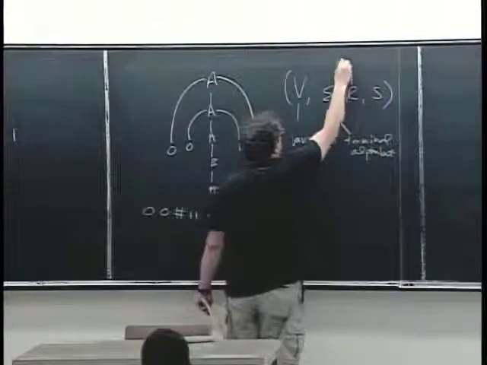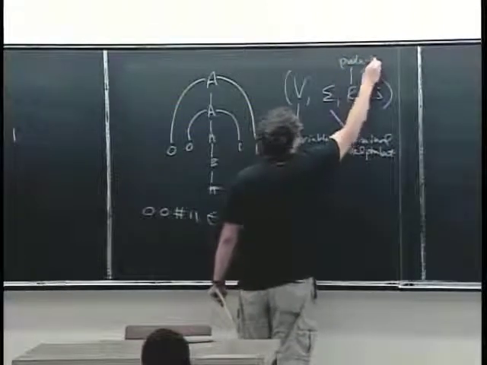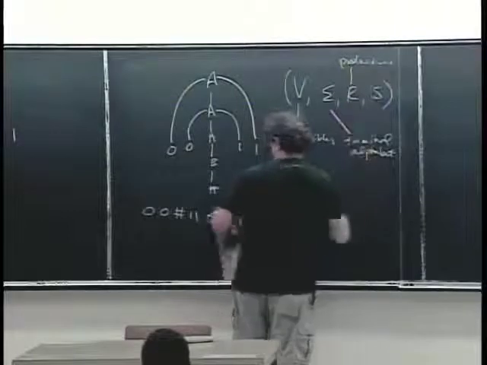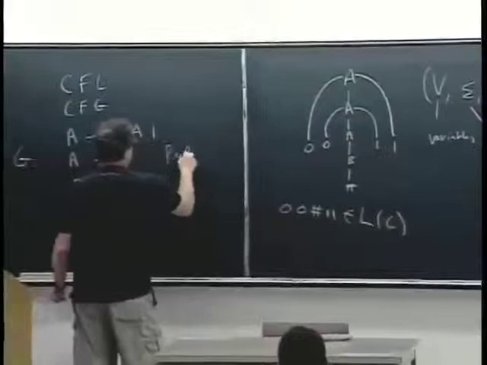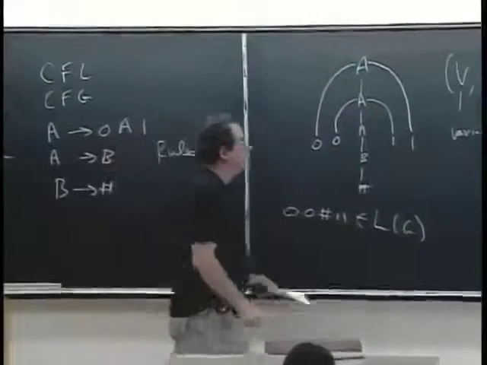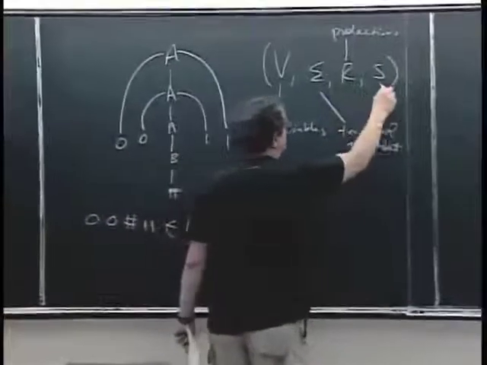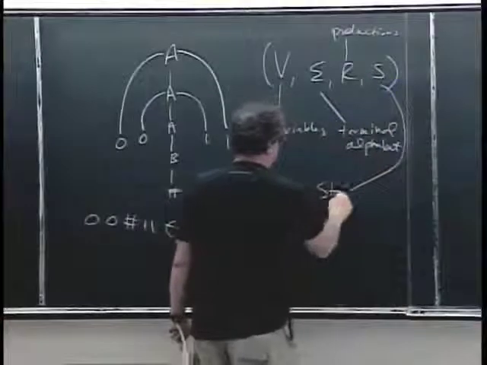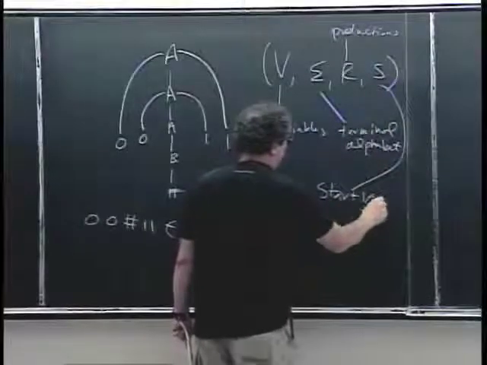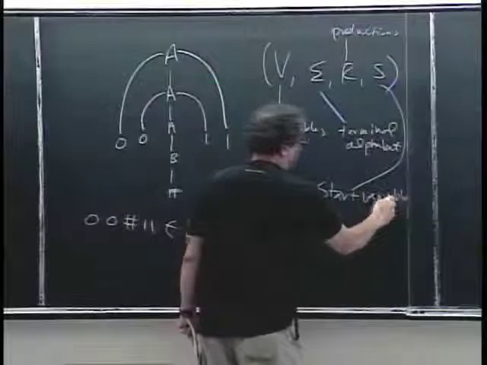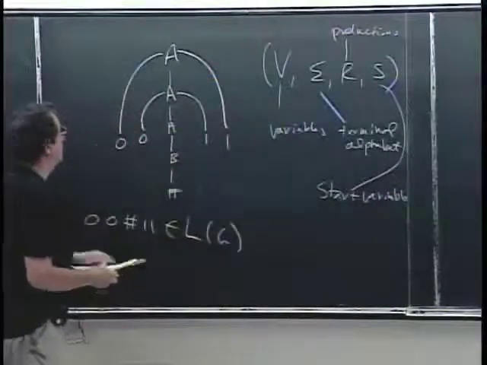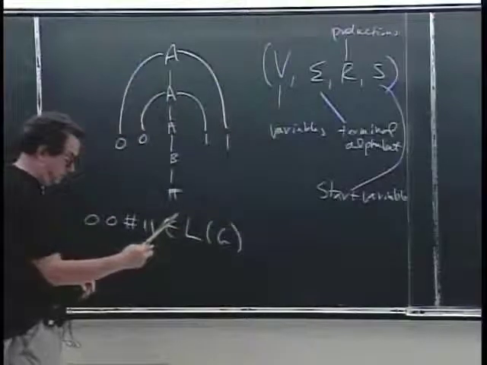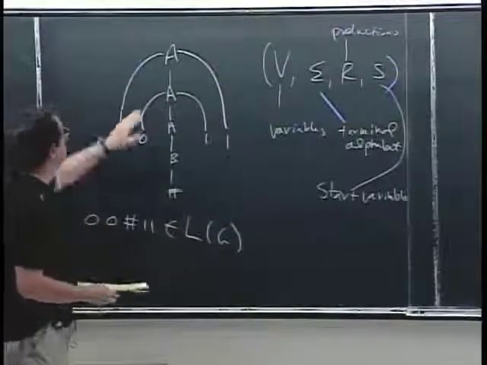These are the productions, or the rules. This is an example of rules. And then S is the start variable. Okay?